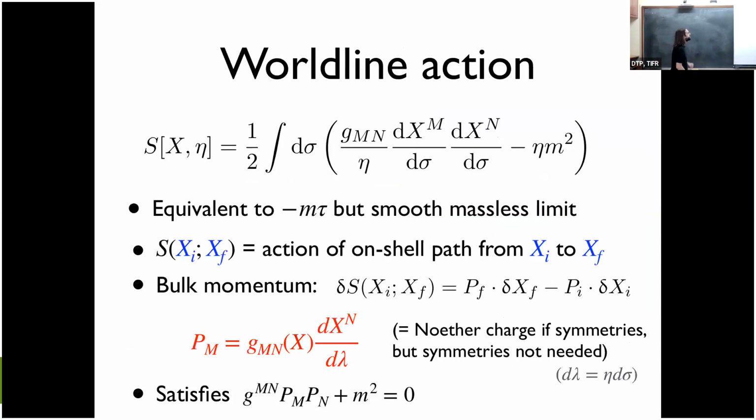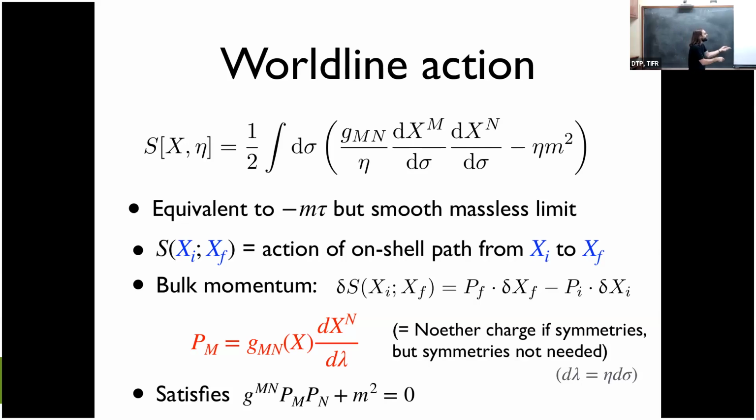So here's the setup. Start with an action for a point particle, written in a form that has a smooth massless limit: the usual mass times proper time, with an einbein, giving a nice massless limit. The thing that tells you how the amplitude propagates from one point to the other is the on-shell action, the Hamilton-Jacobi function of both endpoints. The variation of this function with respect to the endpoint basically defines the momentum.